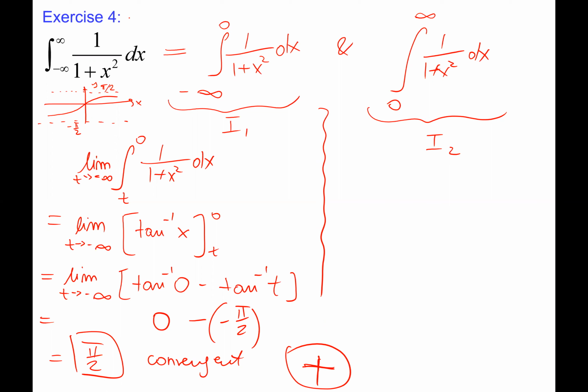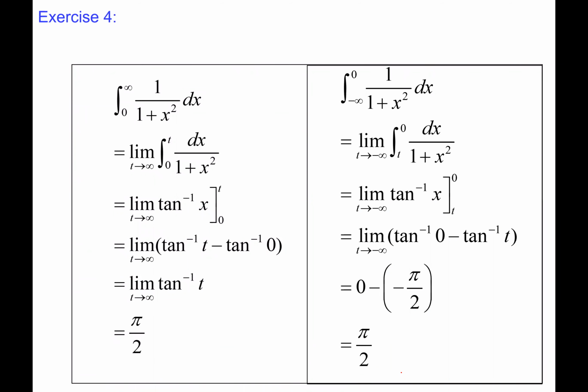We don't even have to compute the other one. But if both of them are convergent, we can add them together. And I can tell you the answer will be the same for this one. Let's see, I type the solution. From negative infinity to 0, from 0 to positive infinity, pi over 2 and pi over 2.